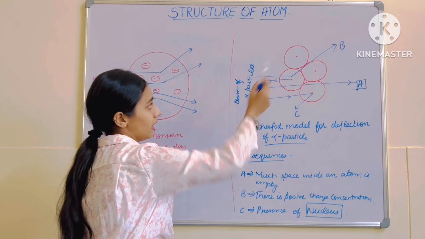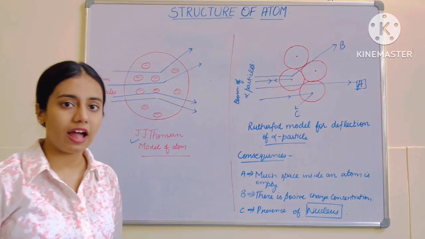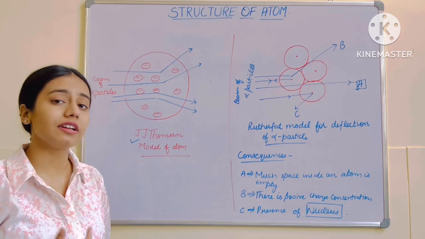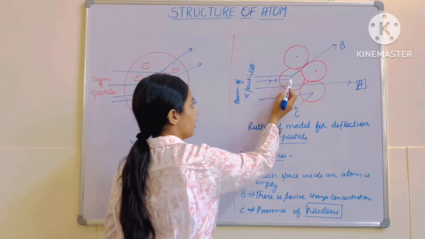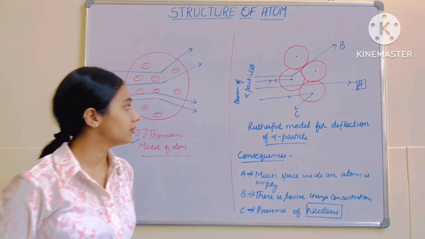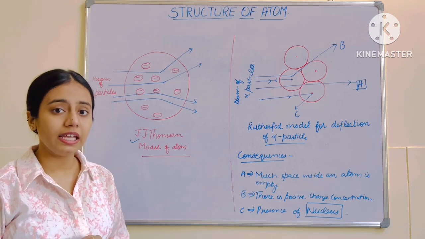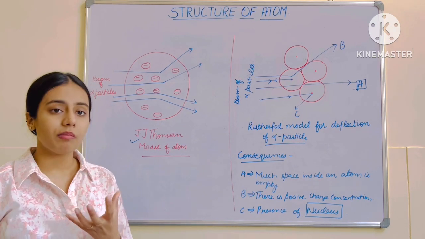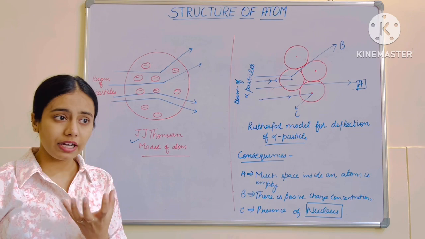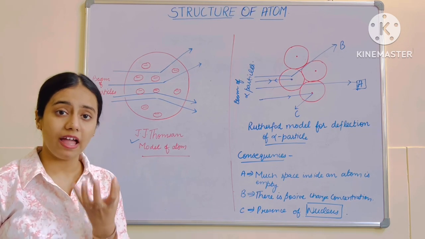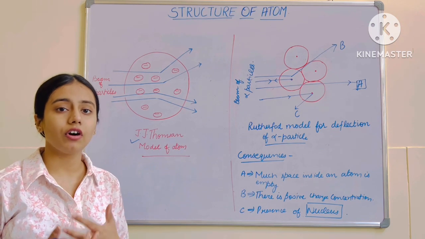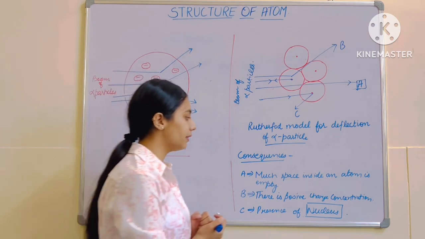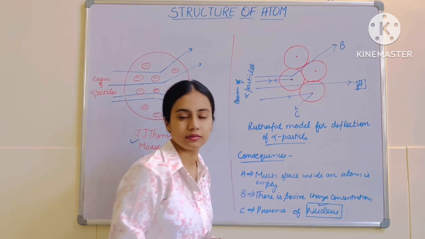By B, he concluded that the positively charged part is concentrated in the center of an atom. And by C, he came to know that there must be a concentrated, positively charged heavy species inside the atom which has a huge mass, and he named it the nucleus.